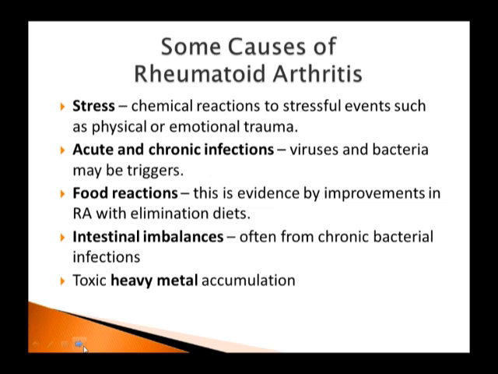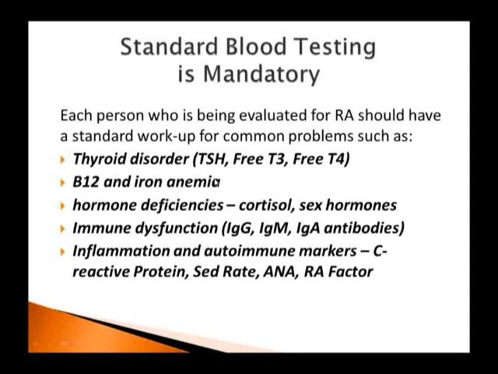We know that intestinal infections have been linked to it, and there's some evidence with respect to toxic heavy metal accumulation as well. So some of the standard blood testing that I think everybody with rheumatoid arthritis should have done: thyroid testing, B12 and iron levels, looking at hormone deficiencies, and then certainly looking at immune dysfunction and markers of autoimmunity.